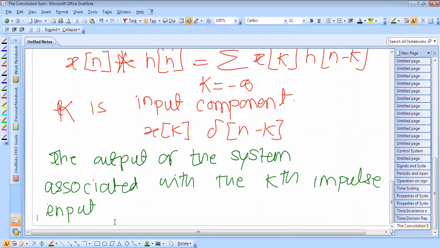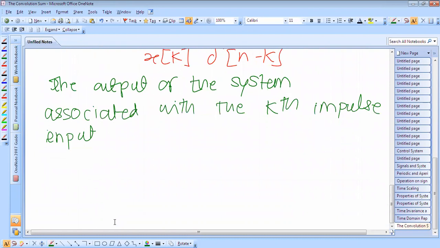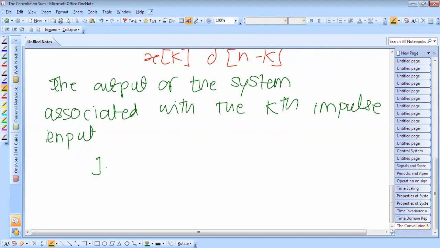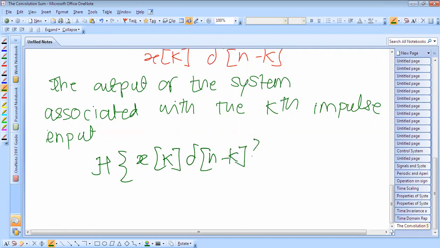We can write the response to x of k into delta of n minus k as x of k into h of n minus k.